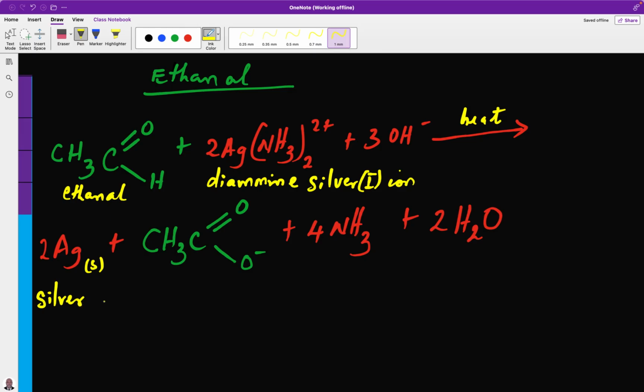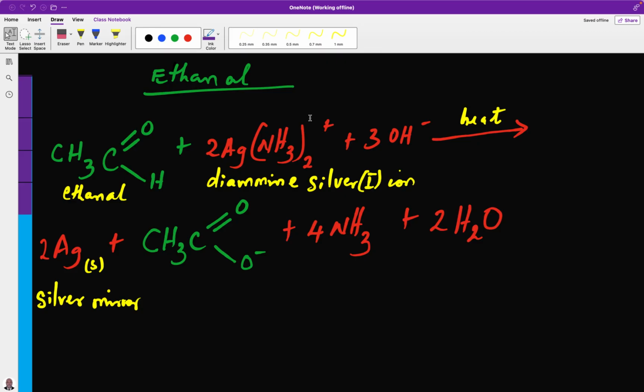This is the silver mirror we are seeing here. Okay, so that is it.